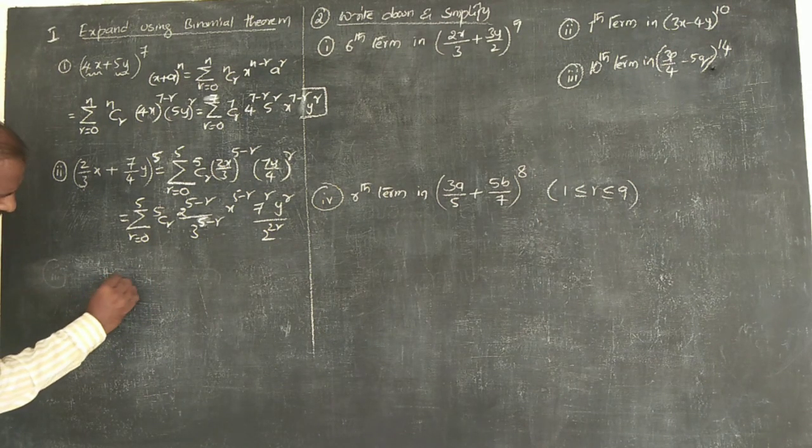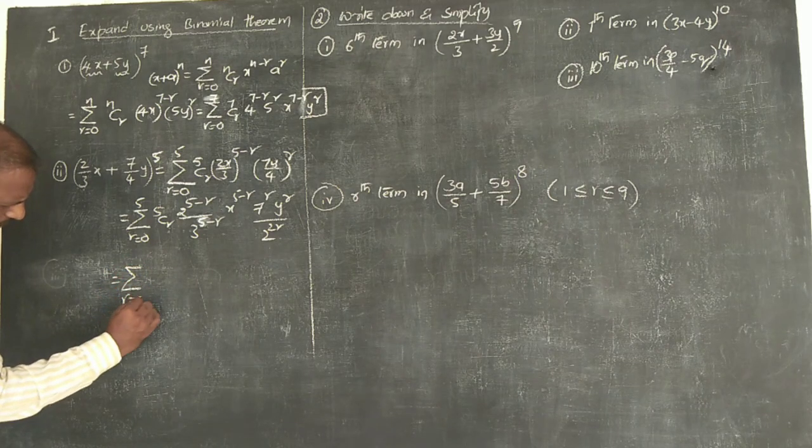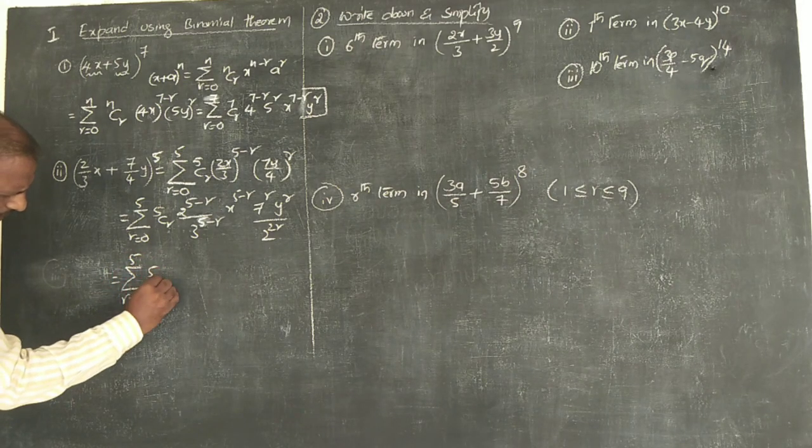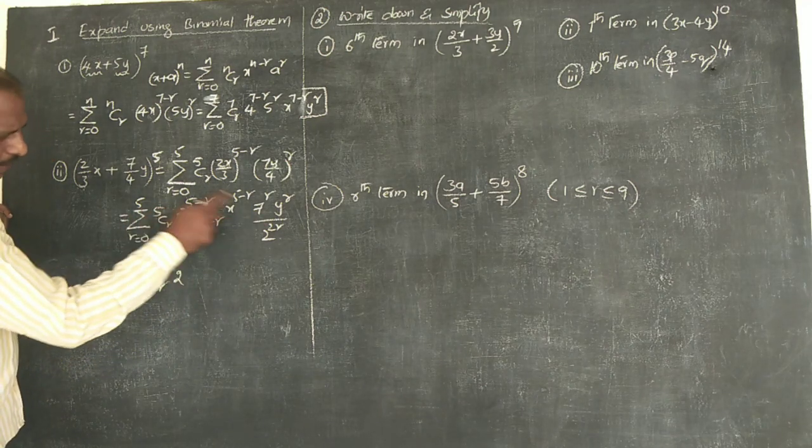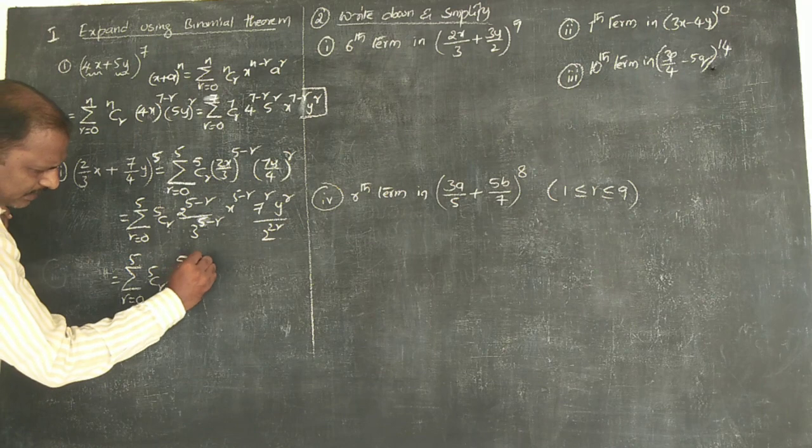Here you can write it as sigma r equals 0 to 5, 5Cr, 2 to the power of 5 minus r minus 2r becomes 5 minus 3r.